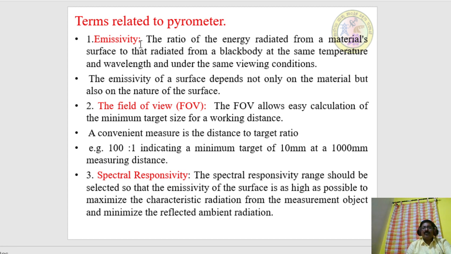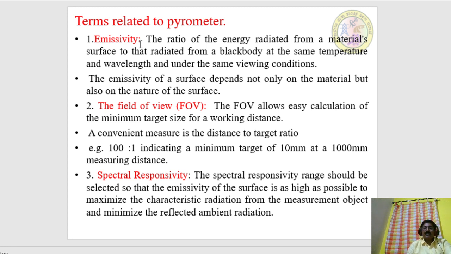The field of view, FOV, allows easy calculation of the minimum target size for a working distance. Generally, a convenient measure which is taken is the distance to target ratio. An example is 100 to 1, which is a good example for FOV, indicating a minimum target of 10 millimeter at a 1000 millimeter measuring distance.